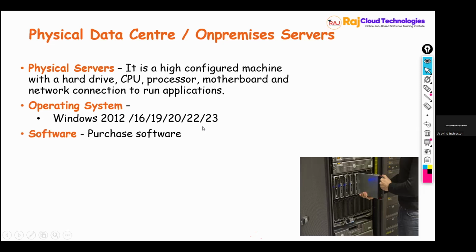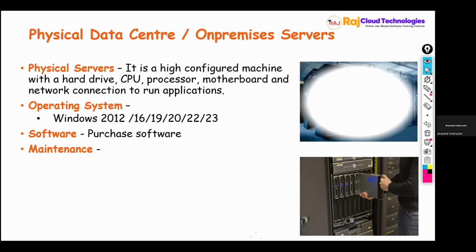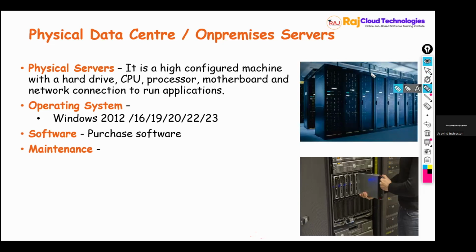And it's not done yet. Again, you have to install software in all these servers. Some software we might install for free and some we need to purchase. And then maintenance related activities. This setup will be there in my office, a dedicated room with complete server infrastructure.